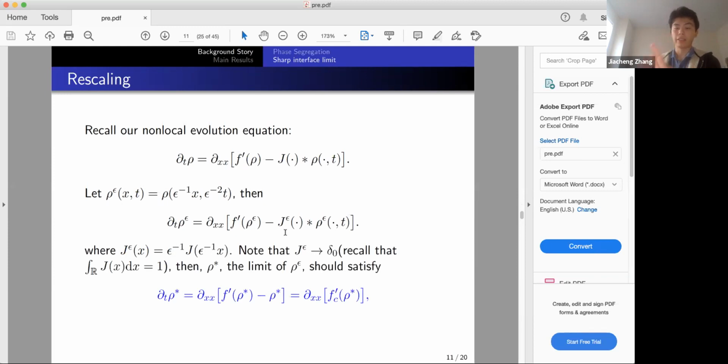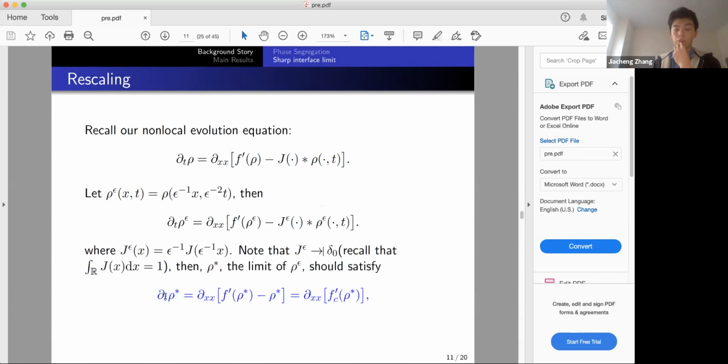And therefore, at least intuitively, this rho star, as the limit of rho epsilon, should satisfy, for this integral as epsilon goes to 0, this j epsilon converges to a delta function.